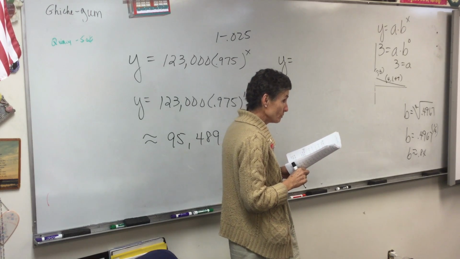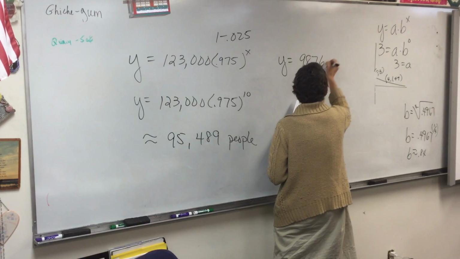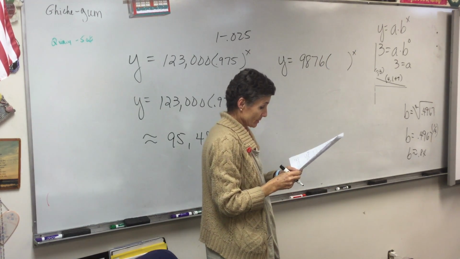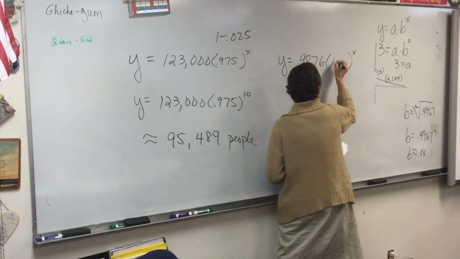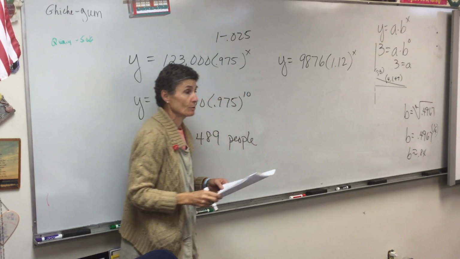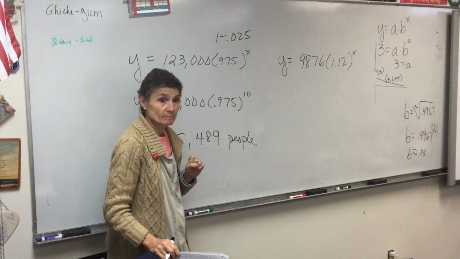What's our initial value? 9876. So we're starting with 9876. Now we're going to multiply that by something. 1.12. Does everybody understand why it's 1.12? It's 1 plus a 12% increase.